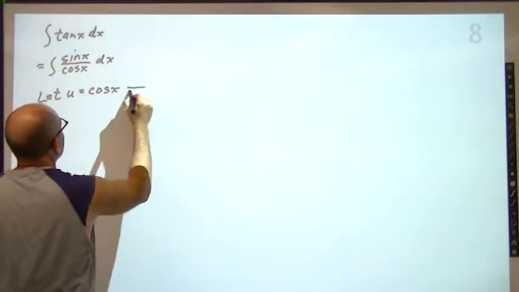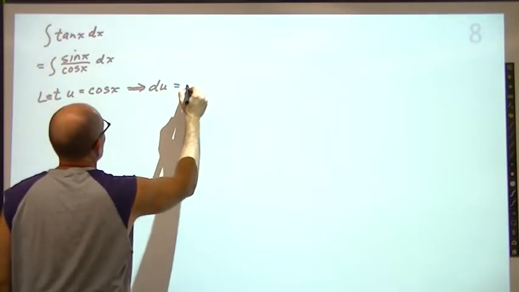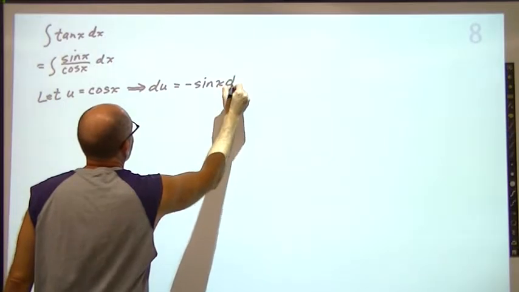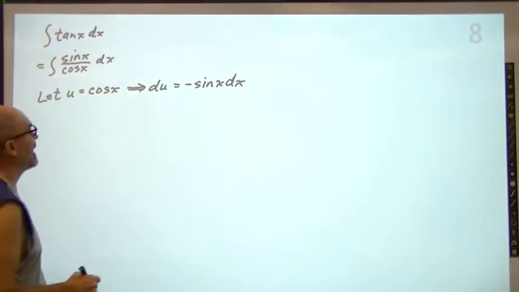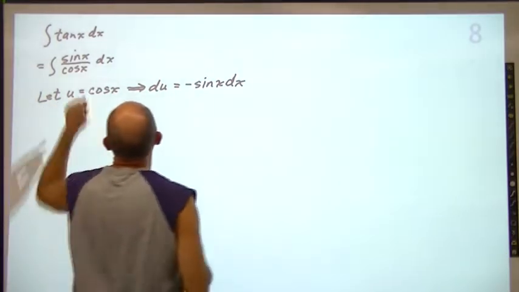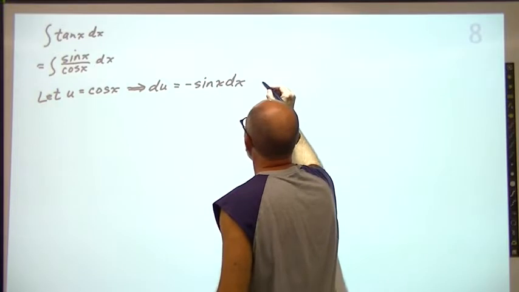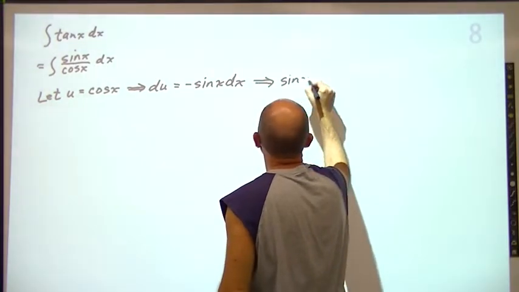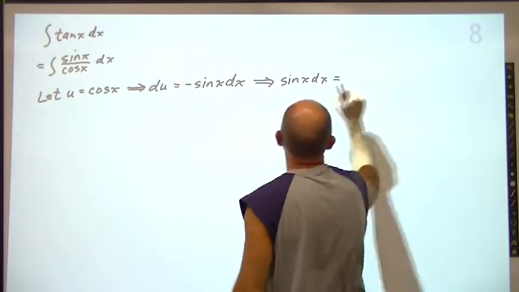So that means du is going to equal negative sine x dx. The derivative of cosine is negative sine. Now, remember, we want what sine x dx equals. So that means sine x dx equals negative du.